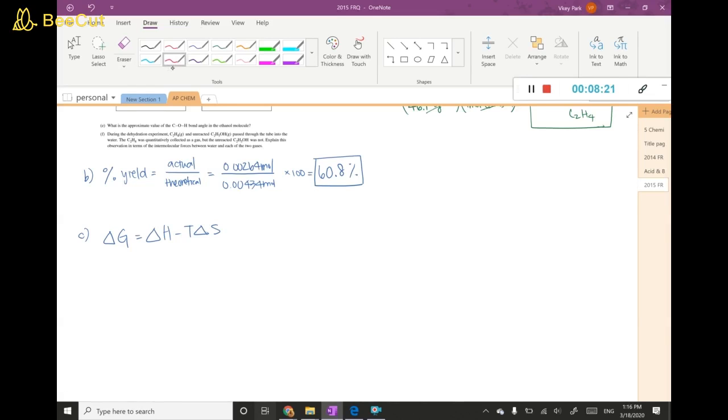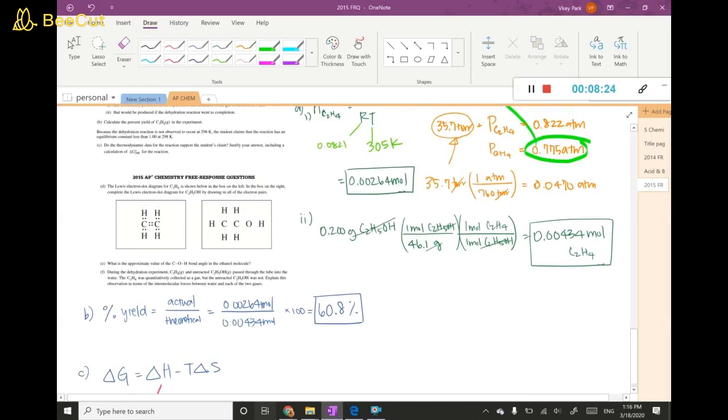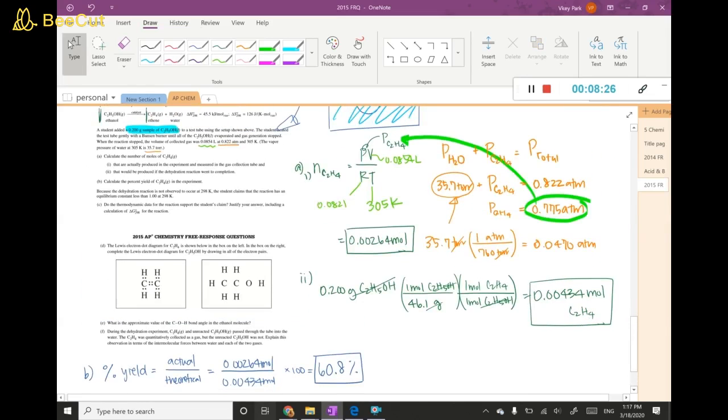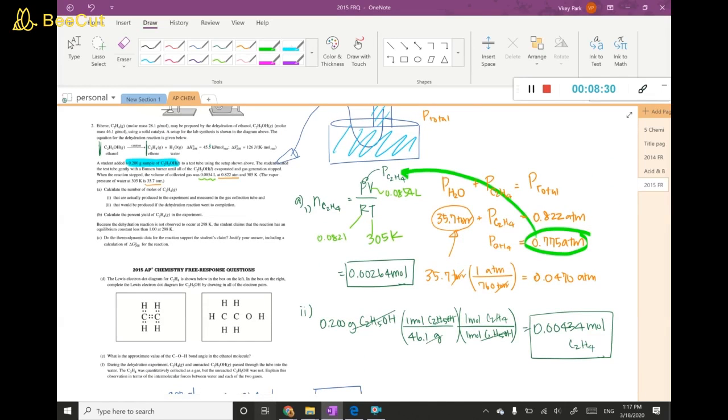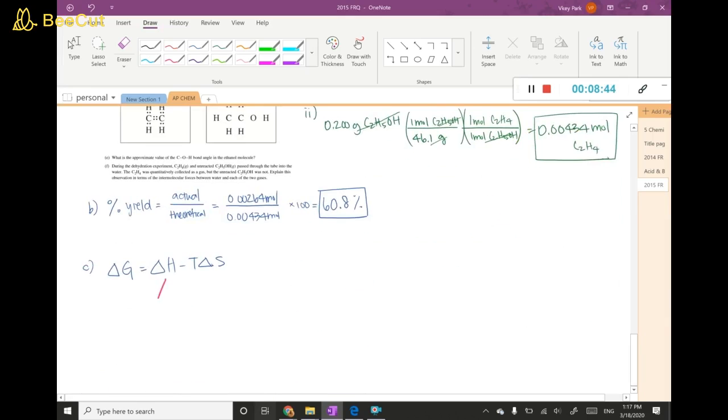All right, so what is delta H? They actually gave it to you, which is up here. And what you need to always notice is this. Delta H, they always like to give it to you in kilojoules, okay? Whereas delta S, they like to give it to you in joules. So always just keep that in mind when you're trying to plug in numbers, okay?